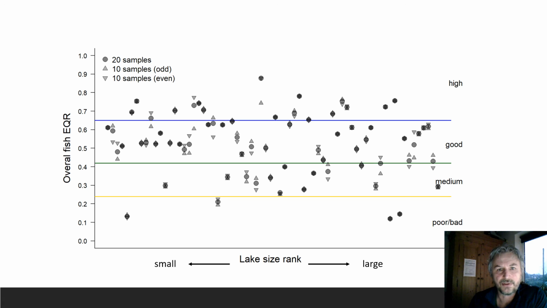You can see that in most lakes, the EQR is only very mildly affected by sample number reduction. Only in a few cases did the reduced 10-sample datasets result in a shift in WFD classification, and those are largely lakes which are right on the border between the two categories anyway.